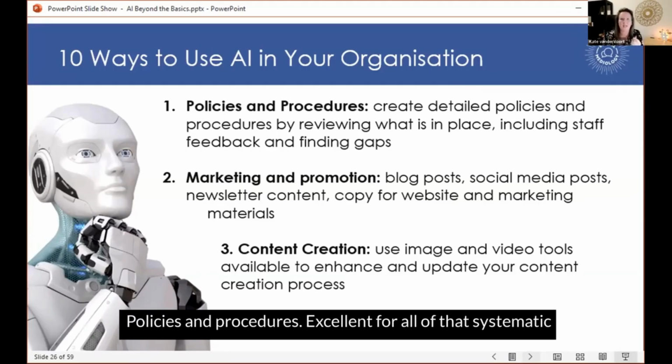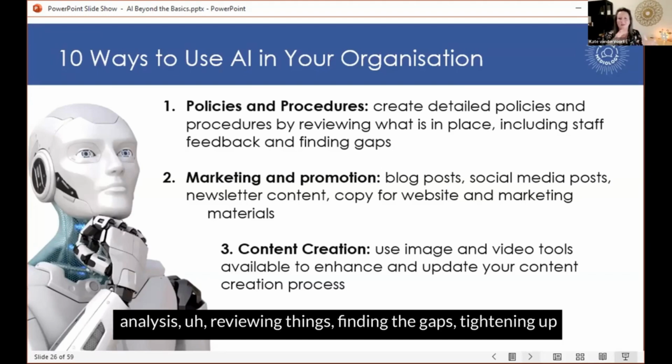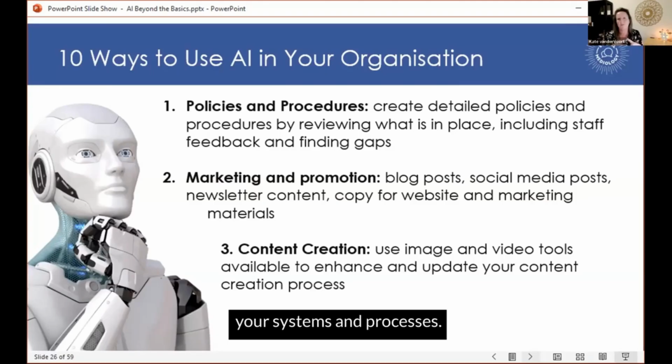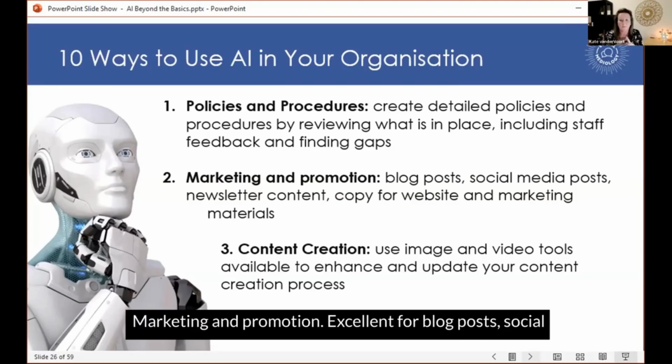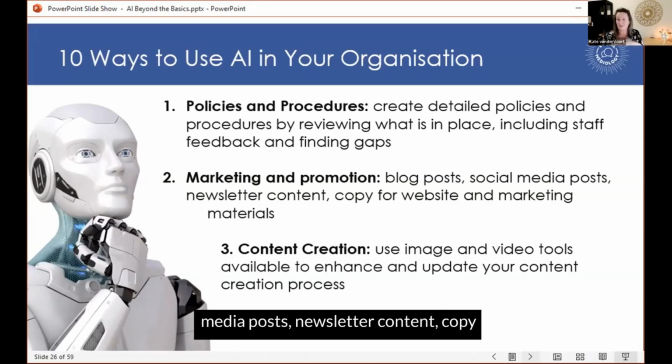Policies and procedures, excellent for all of that systematic analysis, reviewing things, finding the gaps, tightening up your systems and processes. Marketing and promotion, excellent for blog posts, social media posts, newsletter content, copy for websites, any marketing materials.